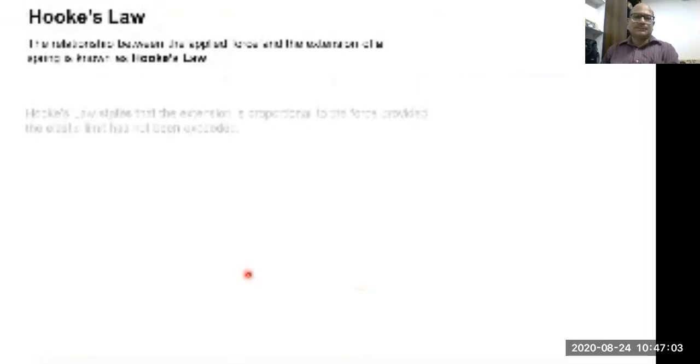And to understand elastic behavior, there is an important principle known as Hooke's law, and it simply states the relationship between the applied force and the extension or distortion caused by that applied force. For example, here the extension of a spring. The relation between the applied force and the extension of a spring is known as Hooke's law.